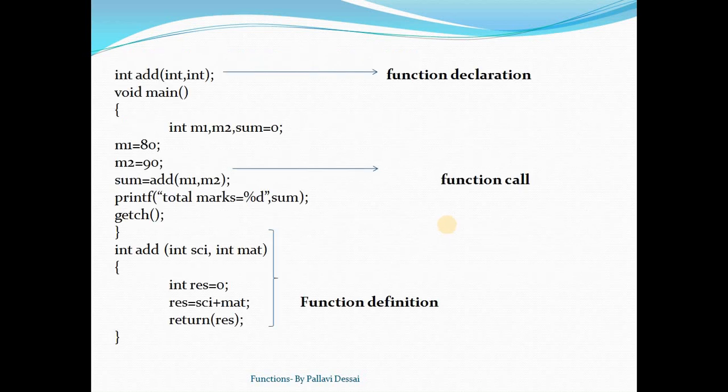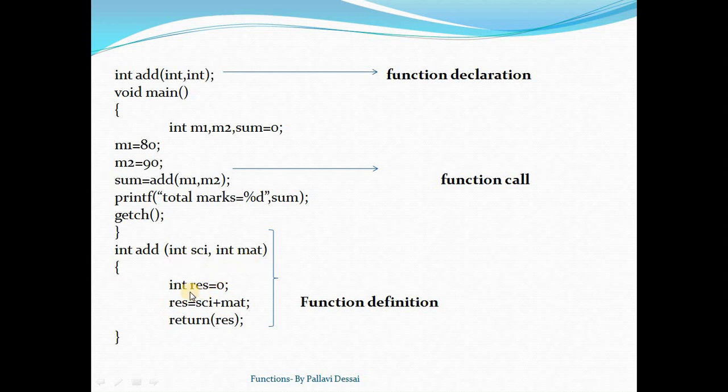You have seen in the previous example over here, this is the function definition. You have the function name, you have the function type, list of parameters, local variable declaration, function statements and a return statement. So this add is the function name, this integer is the function type, this is the list of parameters.